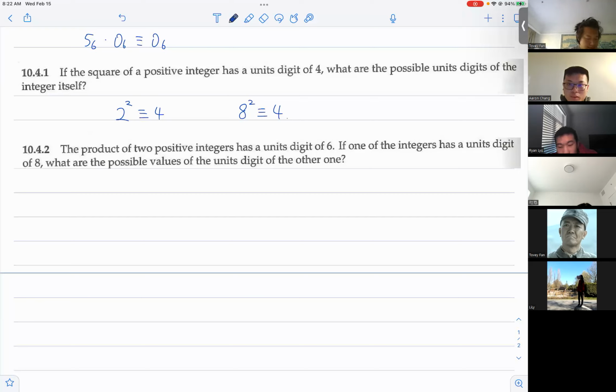So 8, one of the integers has a unit digit of 8, and the product has a unit digit of 6. What are possible values of the unit digit of the other integer? So 8 times what will give you 6?